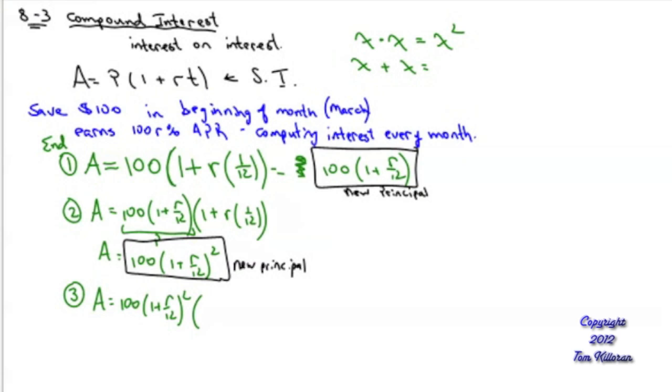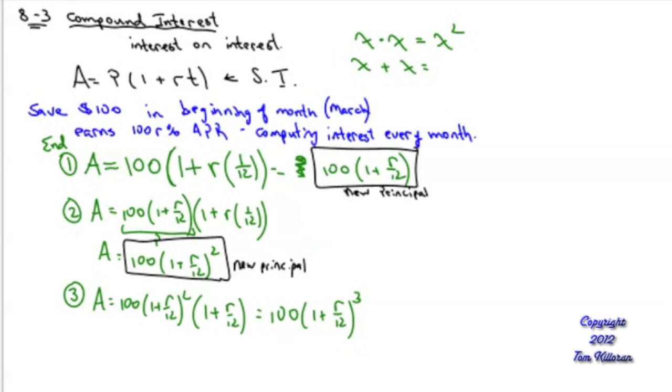But when I multiply by 1 plus RT, I get this. For a grand total of 100, that whole thing just turns into a square. So it's 100 times 1 plus R over 12 raised to the 3rd power. Yay! You starting to see a pattern?